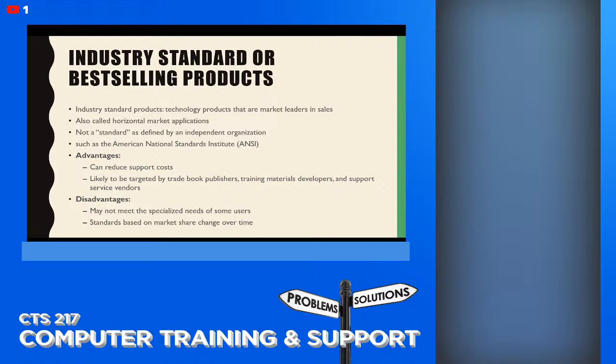Sure, Adobe is the biggest thing in the world right now, but what's going to be the biggest in 5 years, in 10 years, in 20 years, in 50 years? If we base our standards on what is selling the most, then we might have to completely change things out in a few years if something were to overtake that spot.